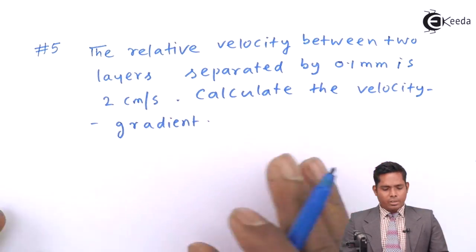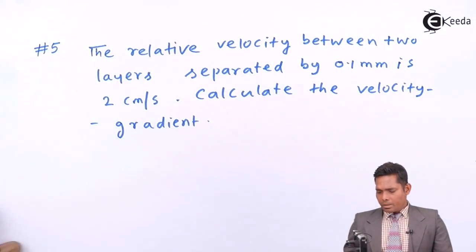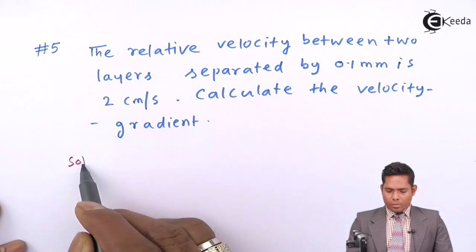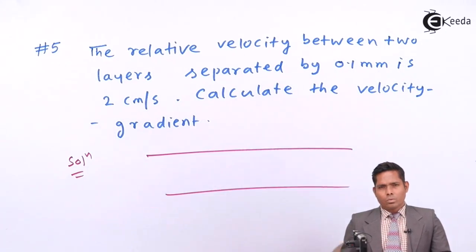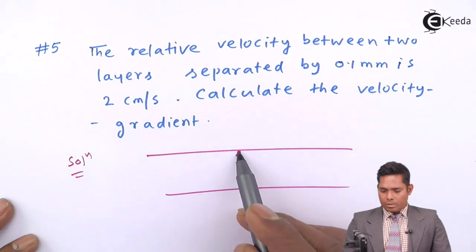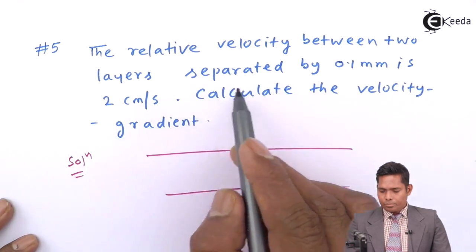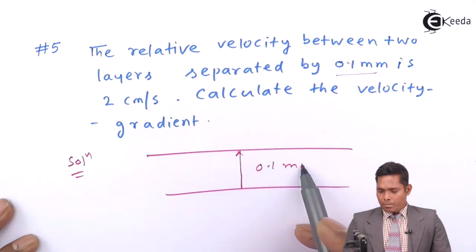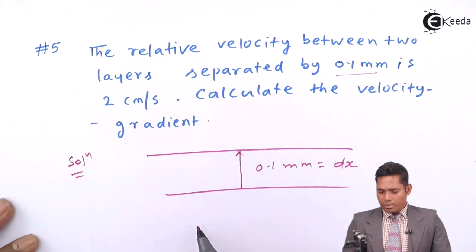Calculate the velocity gradient. Nothing to solve much in this part. You can take any two layers. The distance of separation between these two layers is given as 0.1 mm, which is your dx.